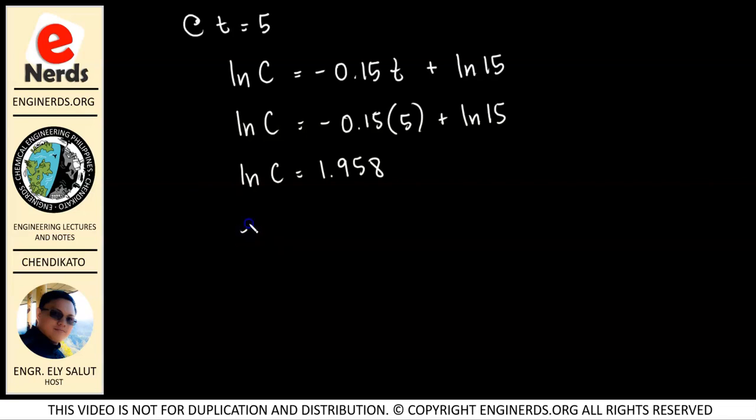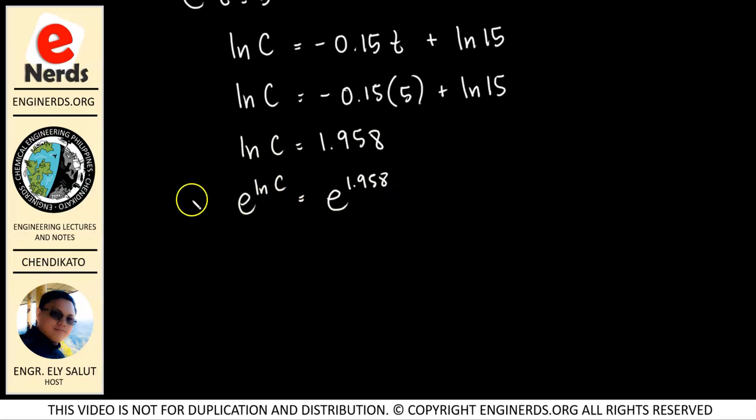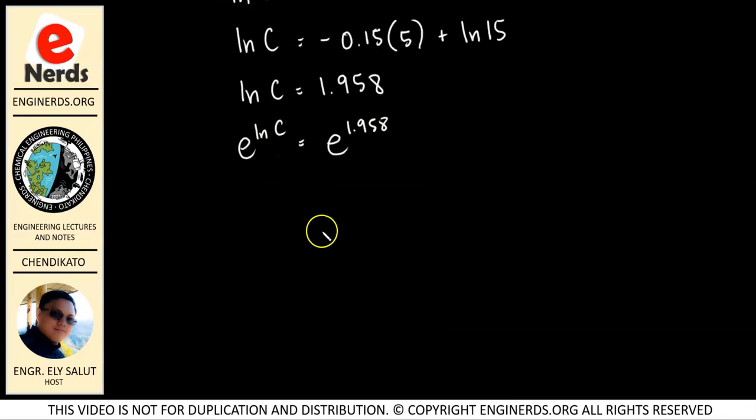So we have e to the ln C is equal to e to the 1.958. Okay, so using our natural logarithm properties, we know that e to the ln C is equal to C.